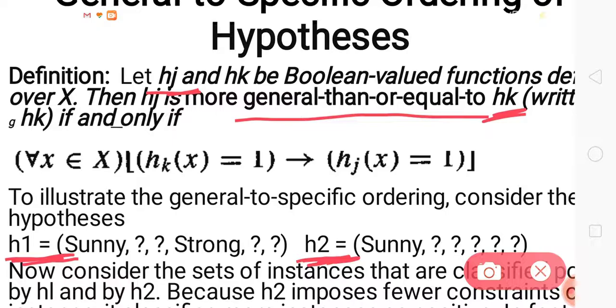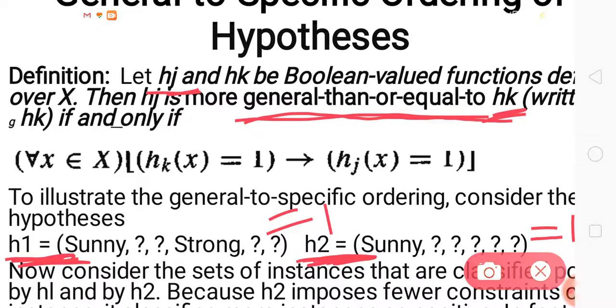If any instance satisfies the H2 hypothesis and gets the Boolean value 1, and also gets the Boolean value 1 for this H1, then we can consider it a more general than or equal to relationship.